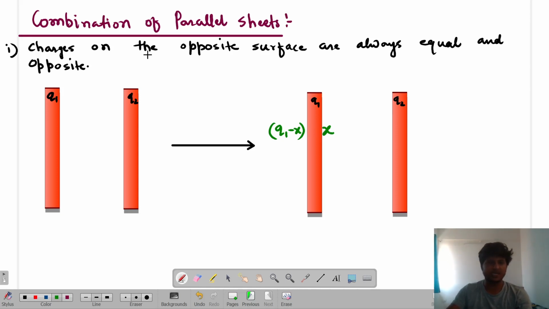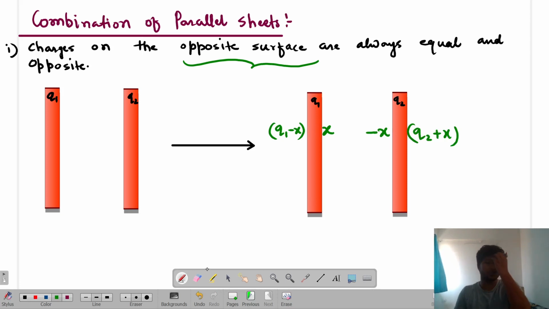Then it is saying that on the opposite surface the charges are equal and opposite. On this opposite surface the charges must be equal, so x but on the opposite side, so minus x. And that will be equal to Q2 plus x. Is that clear? Yes, it is similar to induction only. Are you able to get me?